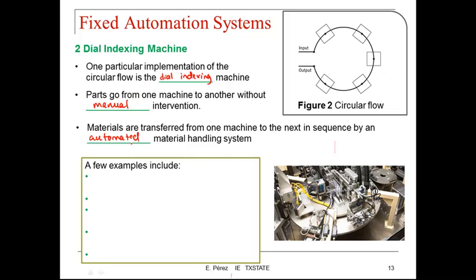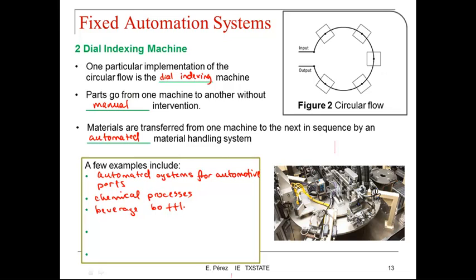And some of the examples for this type of manufacturing system include automated systems for automotive parts, chemical processes, beverage bottling, heat treatment processes, and steel fabrication.